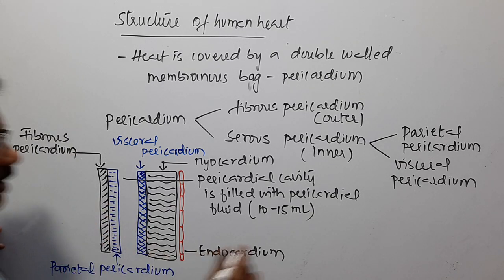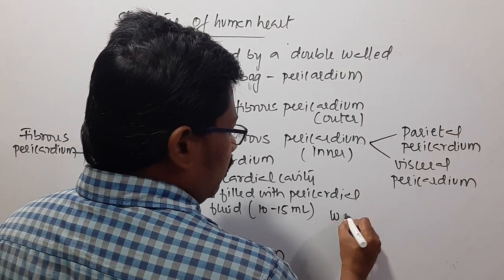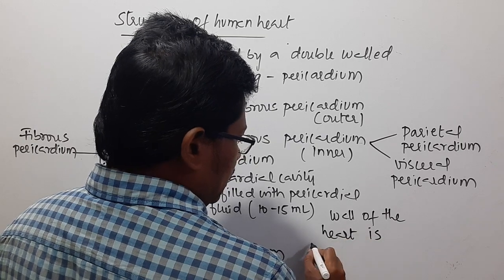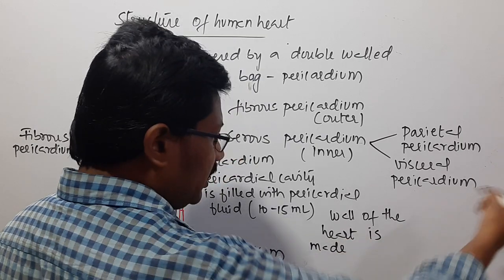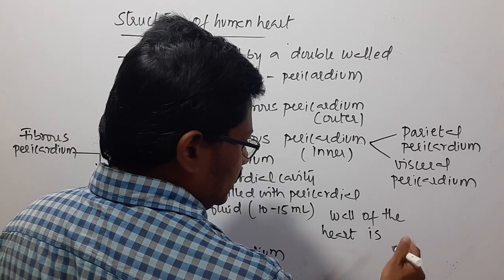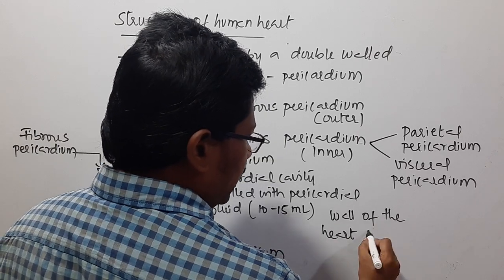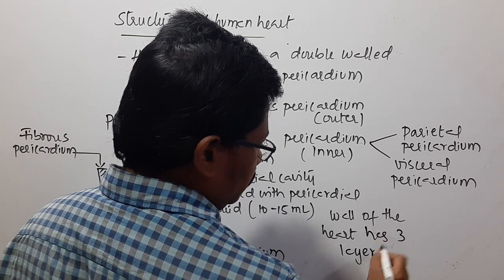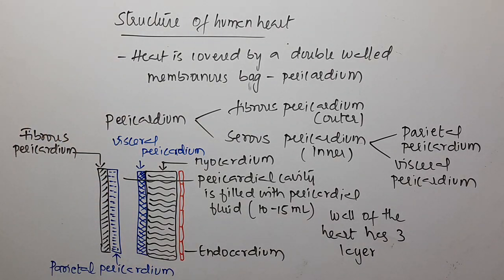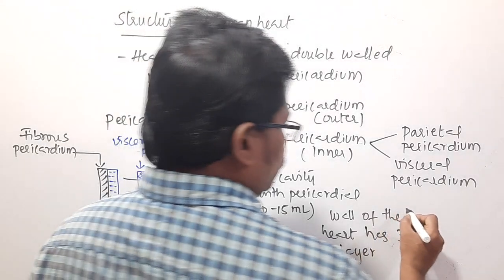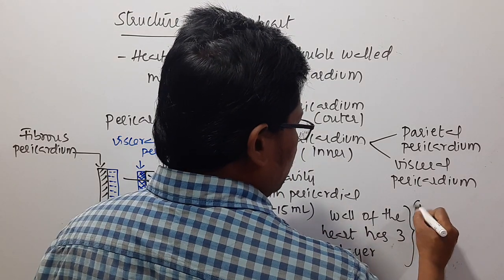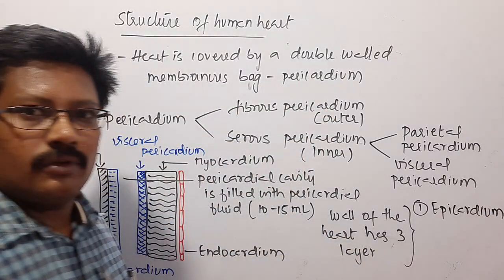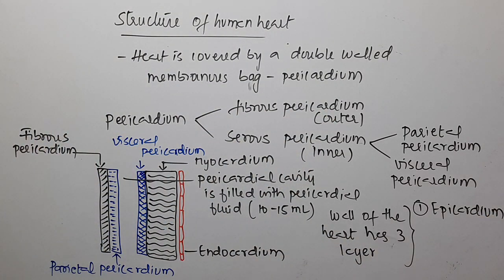So now here I'll mention that the wall of the heart has 3 layers. Those 3 layers: the first layer is the epicardium.